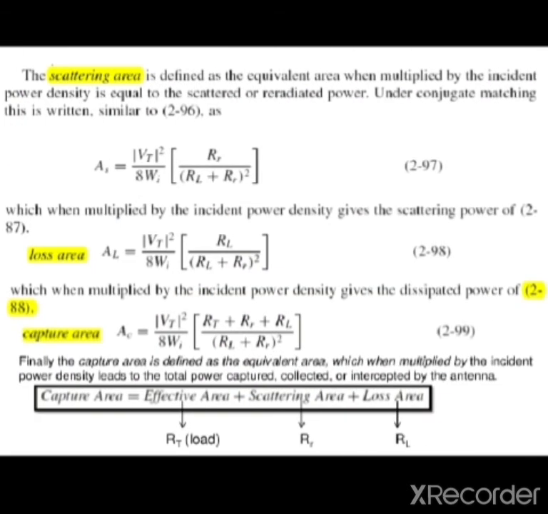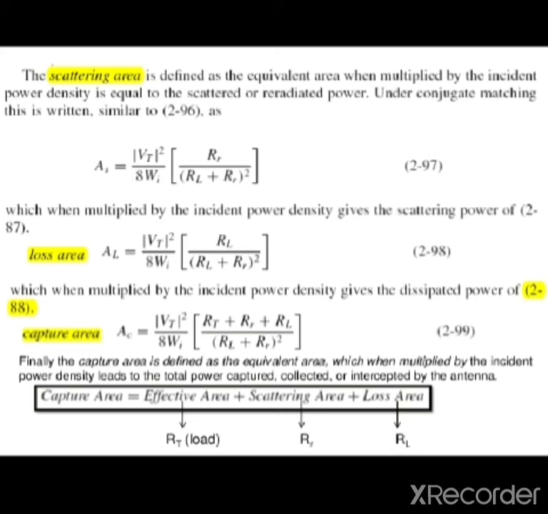Here, just observe that the scattering area is defined as the equivalent area which, when multiplied by the incident power density, is equivalent to the scattered re-radiated power under a conjugate matching condition, which is similarly written as Vt square by 8W into (RR by (RL plus RR)) whole square. So the loss area is indicated by AL and the capture area by AC; these are the two formulas.